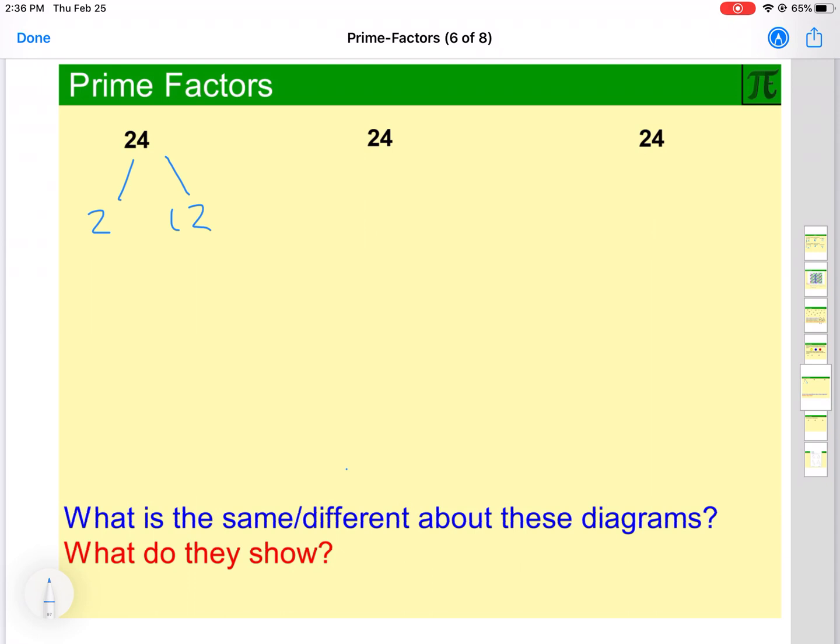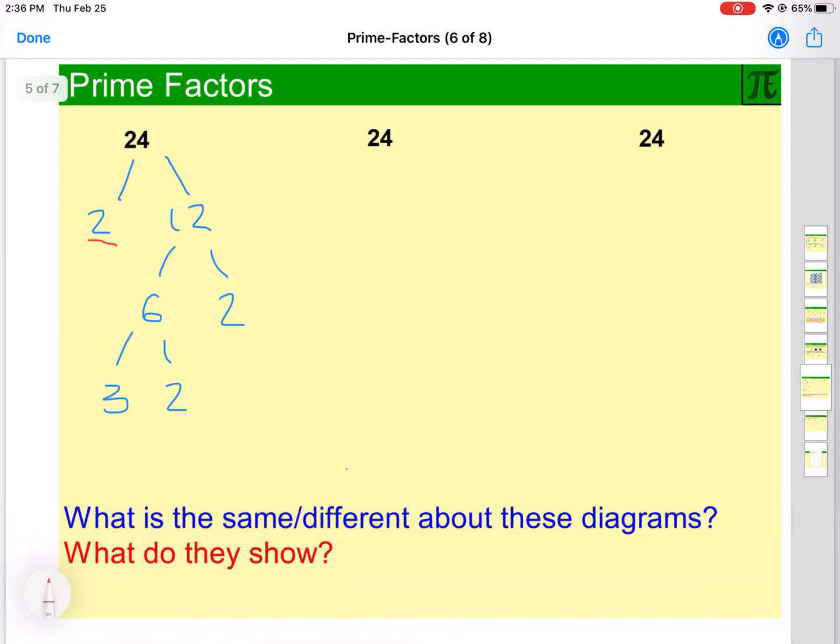Once we get to this stage, we decide, okay, can we break them up any further? The number 2 is a prime number, it can't be broken up. The number 12 can be broken into, say, 6 and 2. Yep, that would work. 2 is a prime number, we can't break that up, but the number 6 can be broken into 3 and 2.